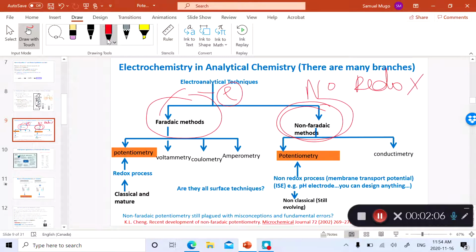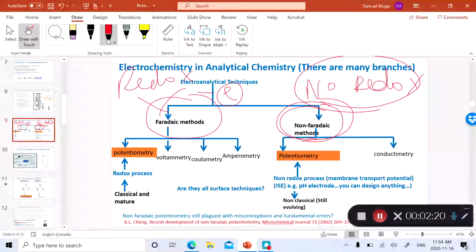Yeah, so in this case, there's a redox process. Whereas in this case, the non-Faradaic, there is no redox process, and as such, you do not have electrons being transferred.